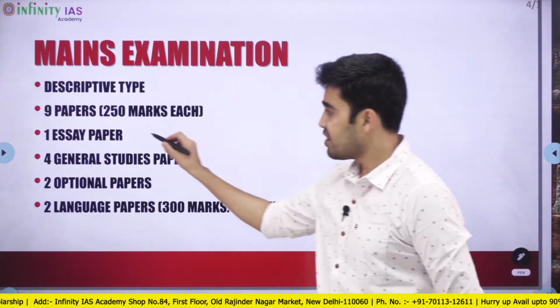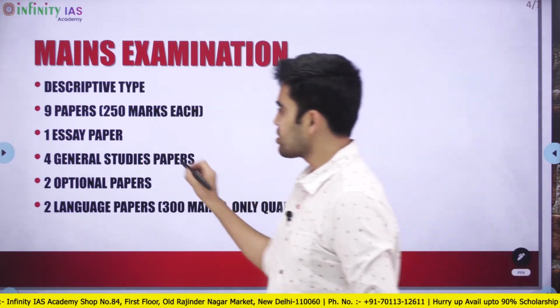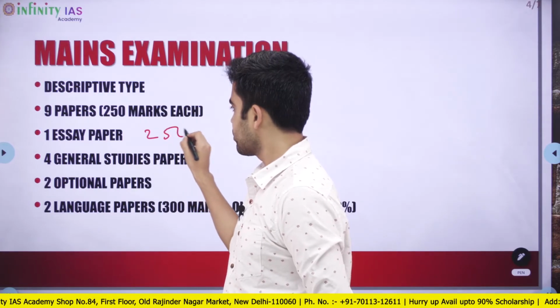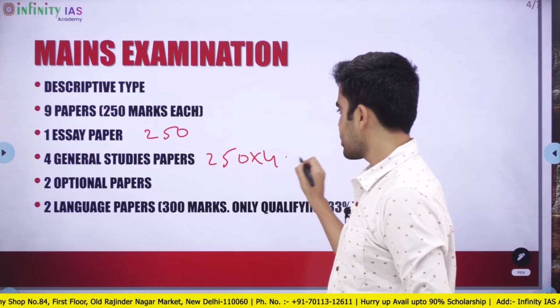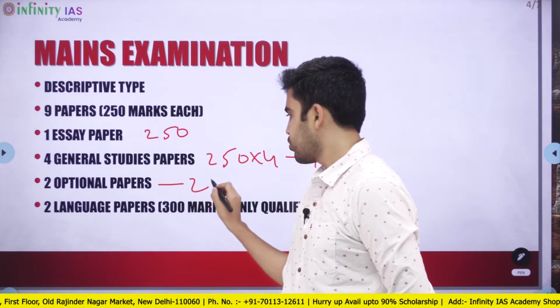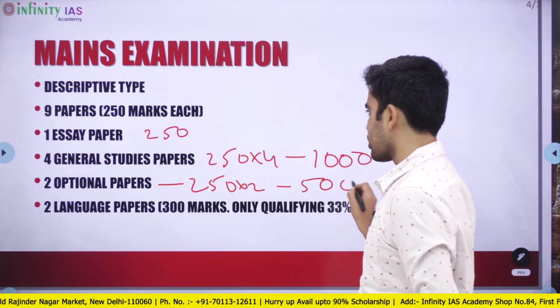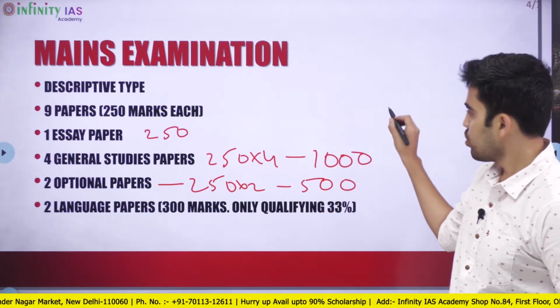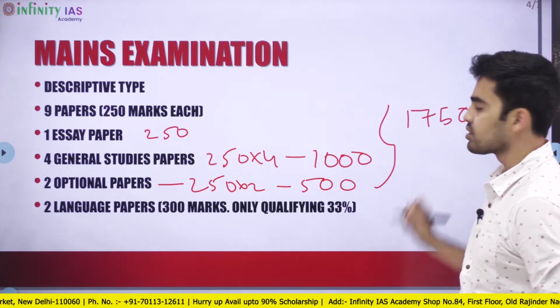So the marks that will be counted in the mains examination are: this is 250 into 4, that is 1000 marks, and this 250 into 2, that is 500 marks, and the essay of 250 marks, so a total of 1750 marks.